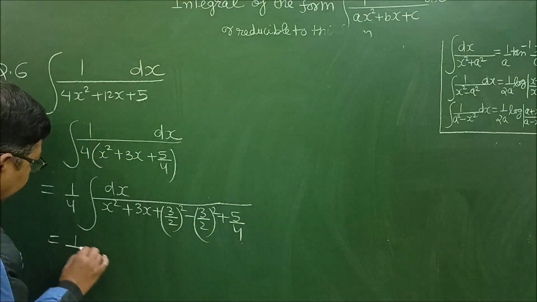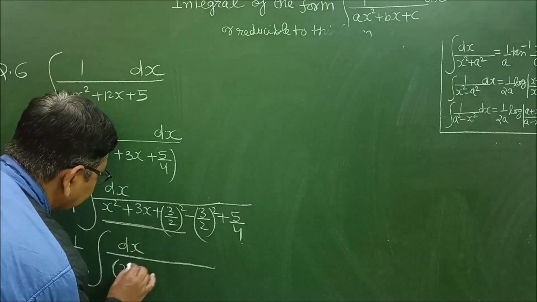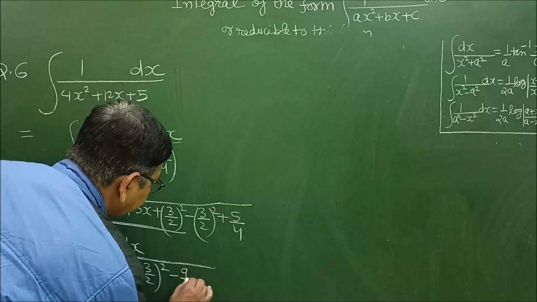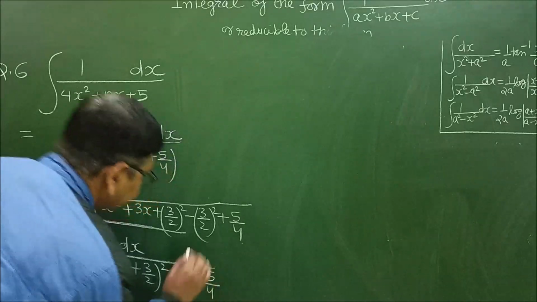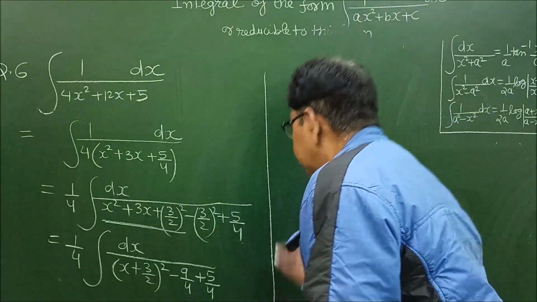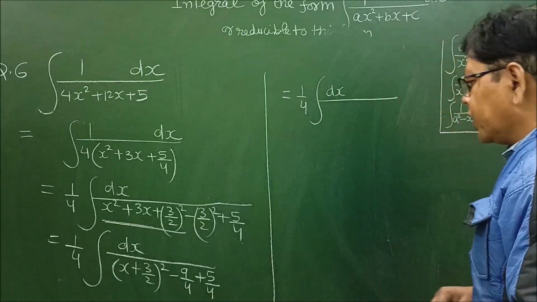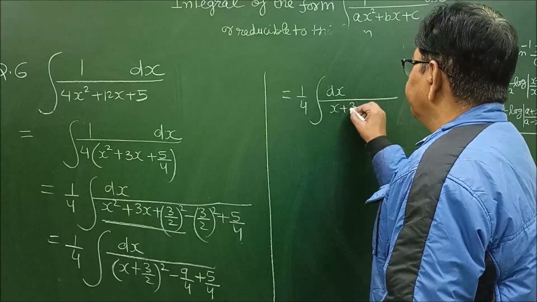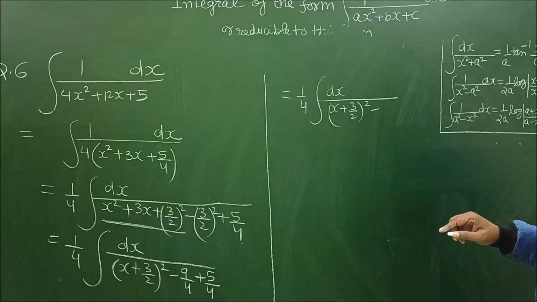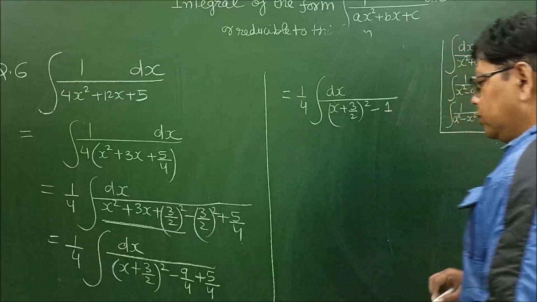So this is equal to 1 upon 4 integral of dx. The first 3 terms make a perfect square, x plus 3 upon 2 whole square, minus 3 upon 2 square is 9 upon 4, plus 5 upon 4, which is equal to 1 upon 4 dx upon x plus 3 upon 2 whole square minus 9 upon 4 and plus 5 upon 4 is minus 4 upon 4, that is minus 1.